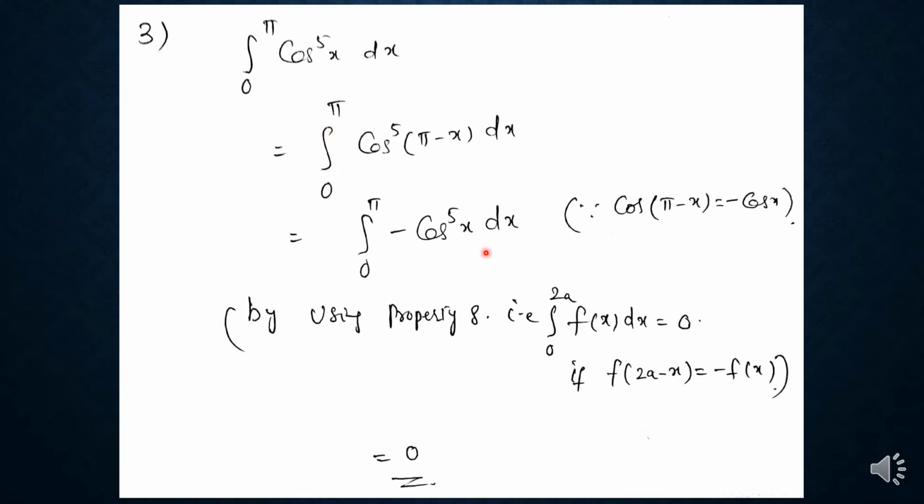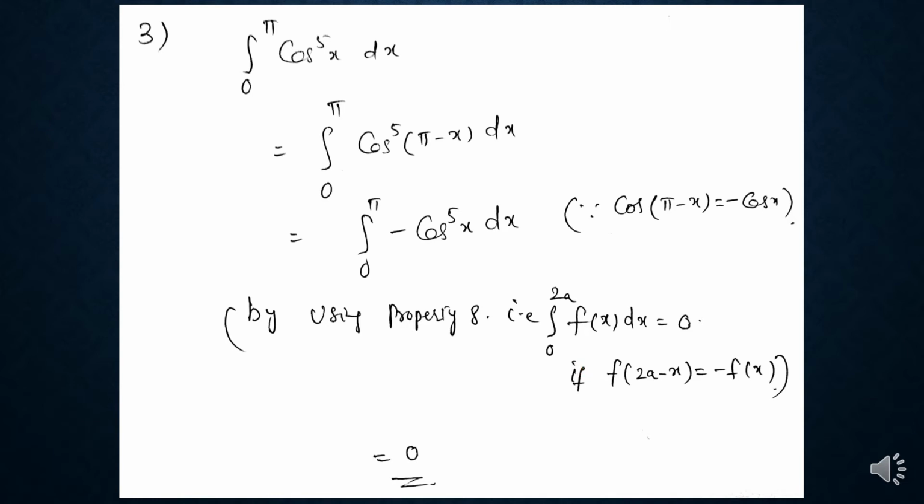So by using that property, this is equal to 0, that is integral 0 to 2a f of x dx is equal to 0 if f of 2a minus x is equal to minus f of x.